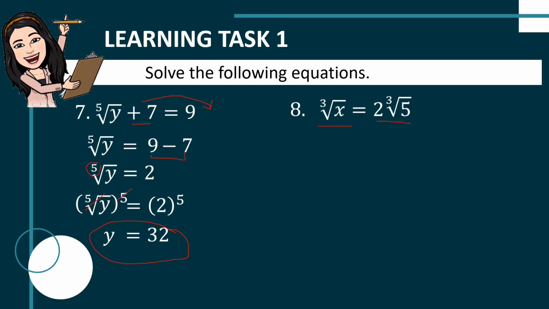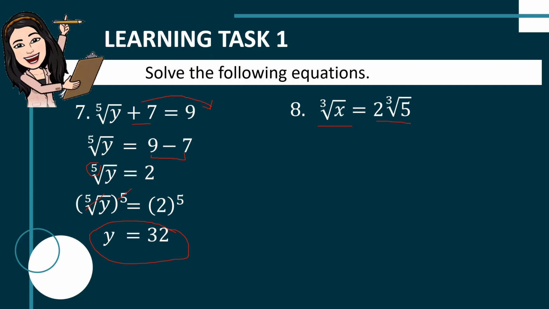Since wala naman itong addition or subtraction operation or plus or minus, so meaning wala nang ibang terms kundi sila lamang. So here, ang given natin ay silang dalawa, cube root of x and 2 cube root of 5.